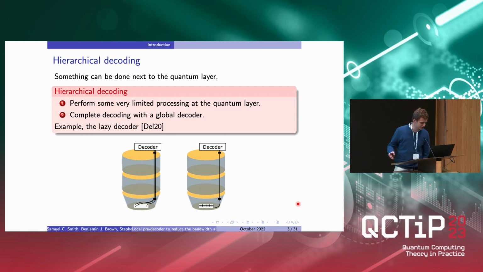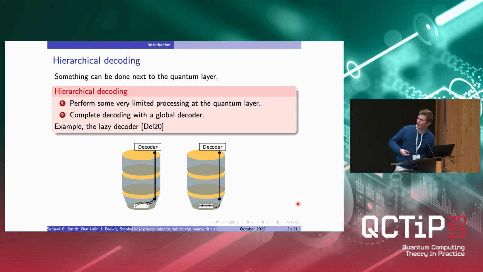We use this existing idea of a hierarchical decoder, and what we do is take the pre-decoding stage and ruthlessly optimize it to be as simple, as fast and as low bandwidth as it possibly can be for sparse errors, and then we see how it performs in the more adversarial case, closer to threshold.